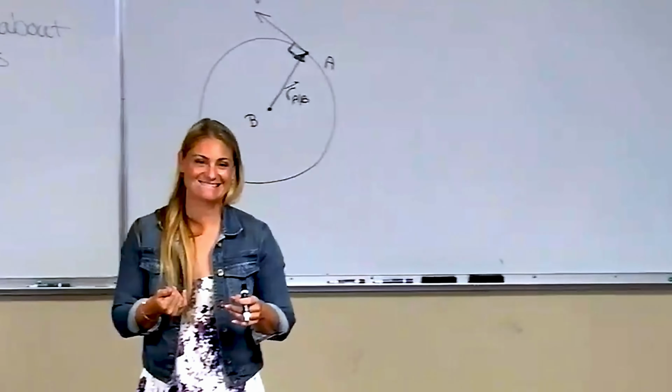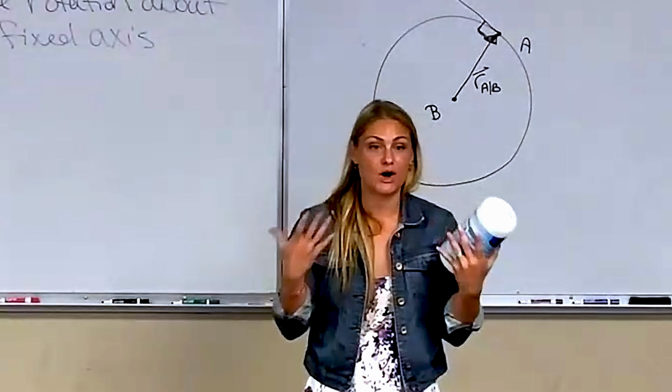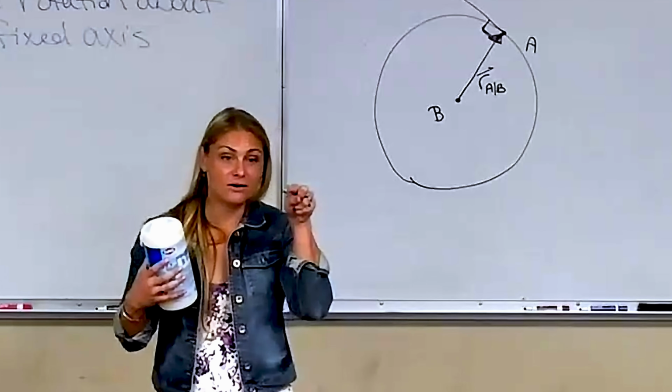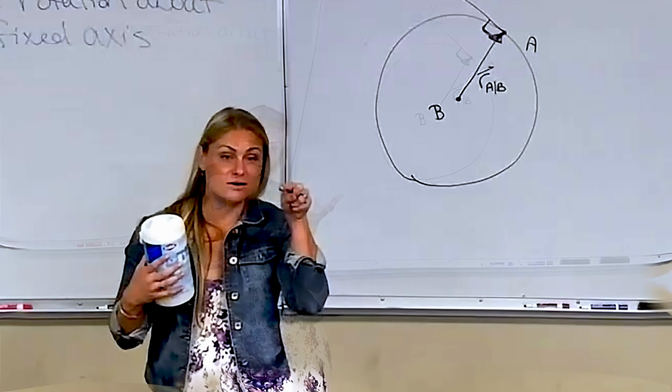So if I have this rigid body and I want to explain its rotation about a fixed axis, if I rotate it this way, that's a different motion than if I rotate it this way. And that's a different motion if I rotate it this way. So now we have to consider omega. Omega is this angular velocity. Okay, a particle is not going to have a moment of inertia. It's not going to have a mass distribution.